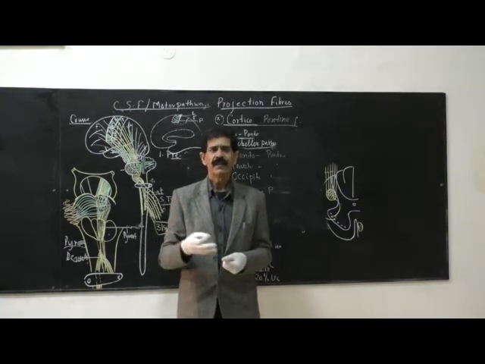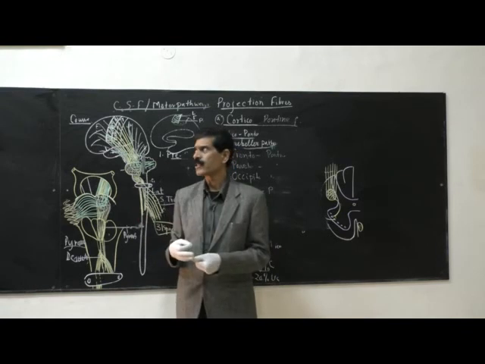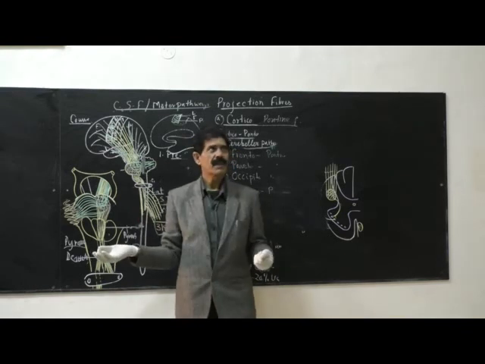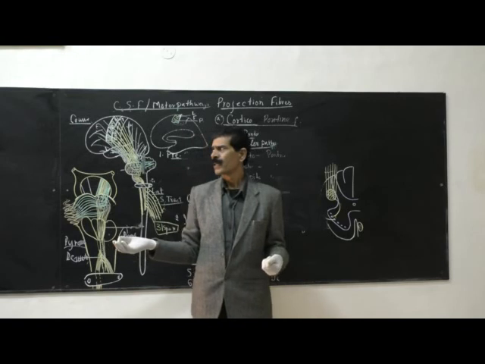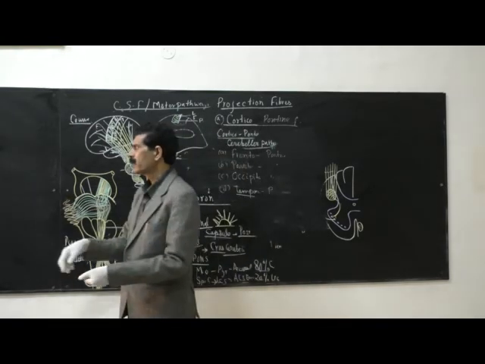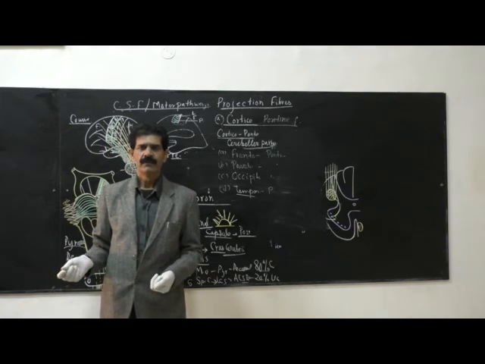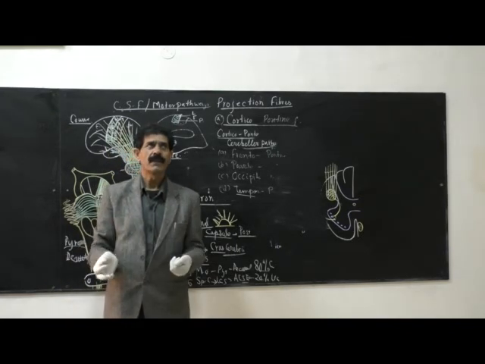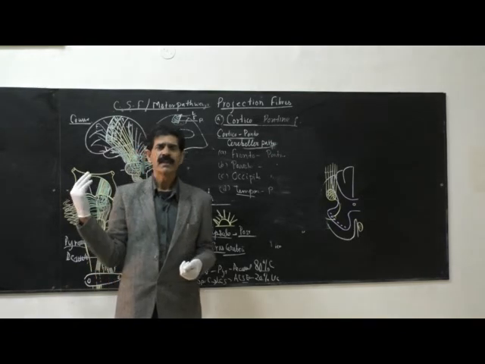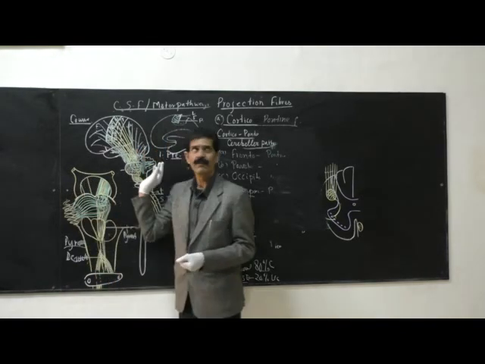That we will do in the cerebellar dysfunction, that is the ataxia and other functions. So incoordination will be there. So that is the ill effect of this lesion or of this connection.